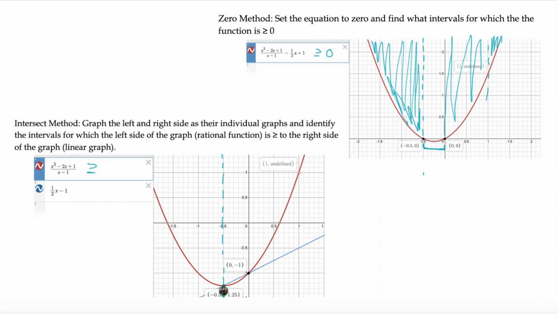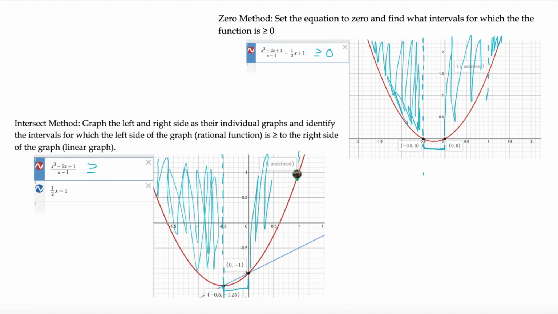So notice the red line is above the blue line from -infinity to -1/2. Then my red line goes below the blue line. But then it becomes positive again, where we skip the undefined portion and then we continue positive again. So 2 different methods for what we're looking at.